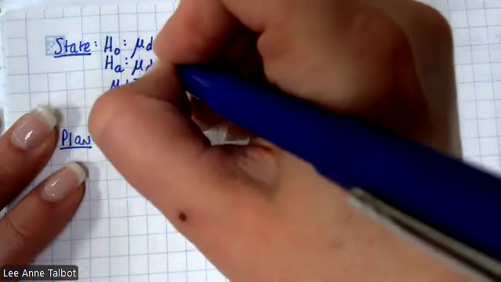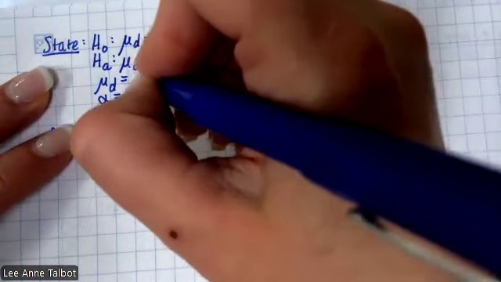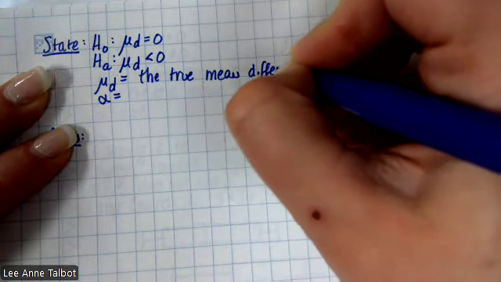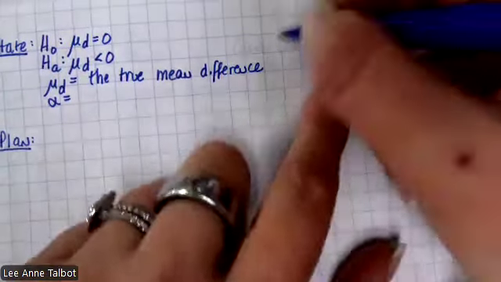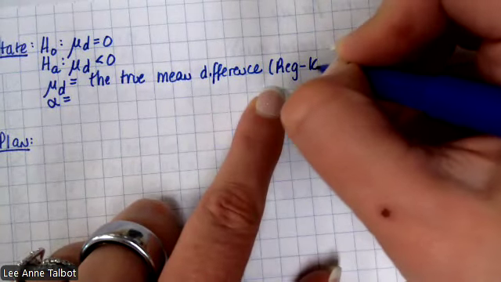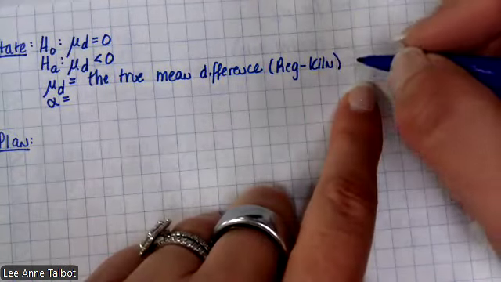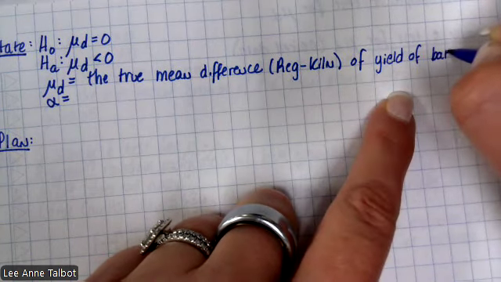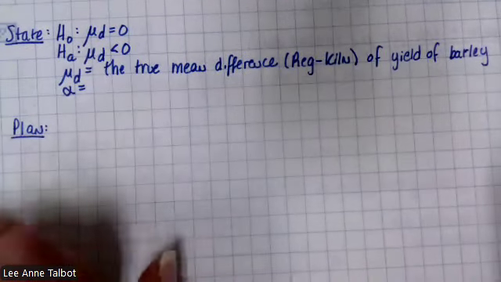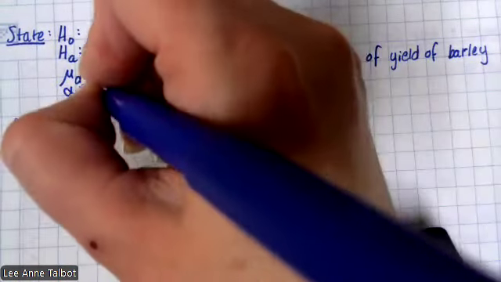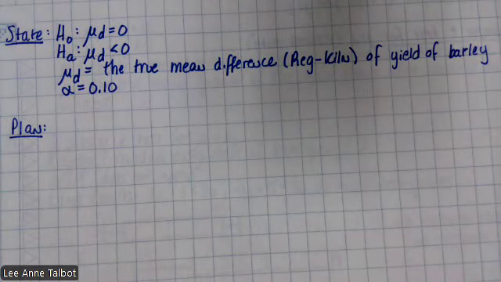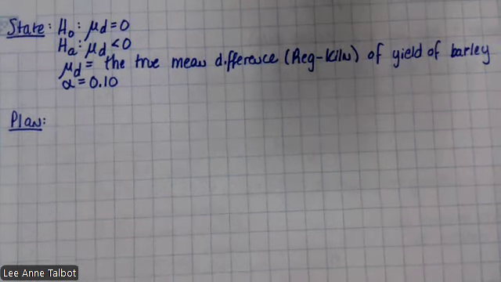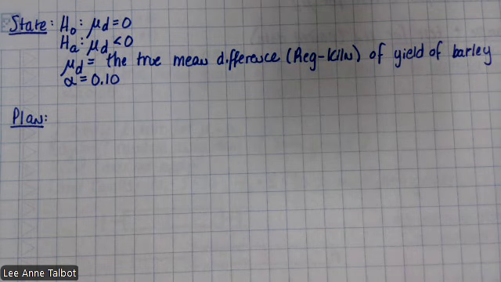Mu D is less than 0. Okay, any questions about my state?